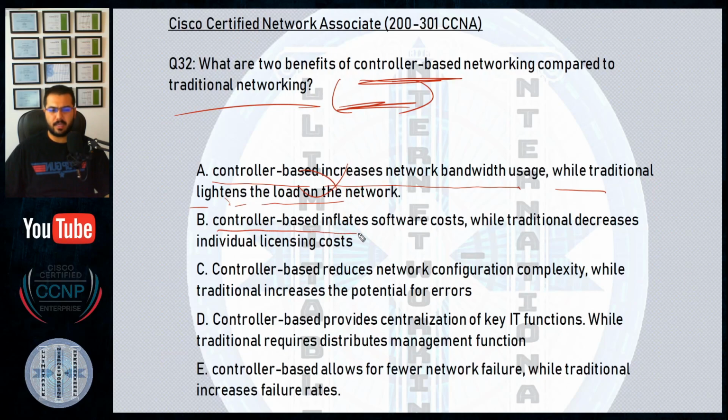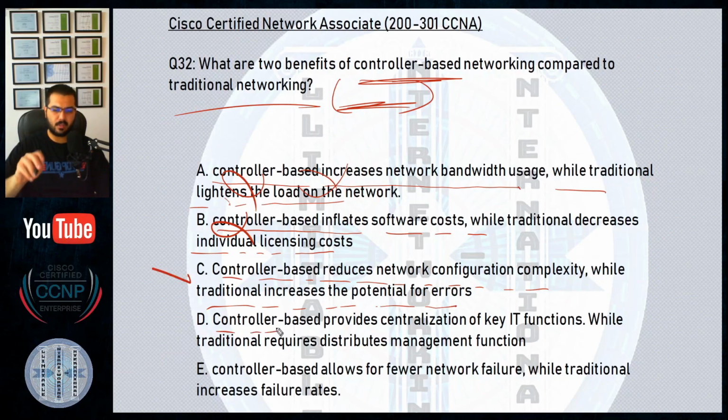Controller-based inflates software costs, while traditional decreases individual licensing cost. No, because in traditional networks you must purchase a license per box. Controller-based reduces the network configuration complexity. Yes. While traditional increases the potential of errors. Yes, correct.